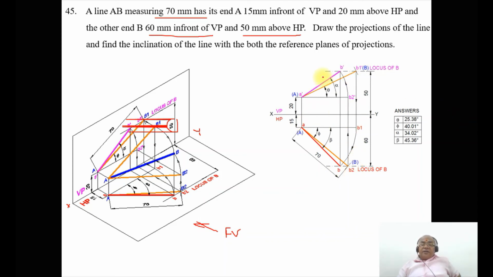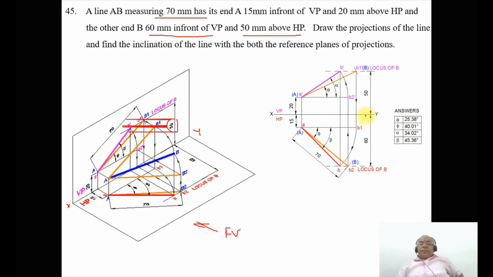Now we need to find out what the front view and top view are. So you consider the true length in the front view, obviously that line should be parallel to XY in the top view. So in the top view, A is in front of VP by 15 mm and B1 should also be in front of VP by 15 mm. That is quite evident here. Both capital A and B1, when you look from the top view, are at equidistance.